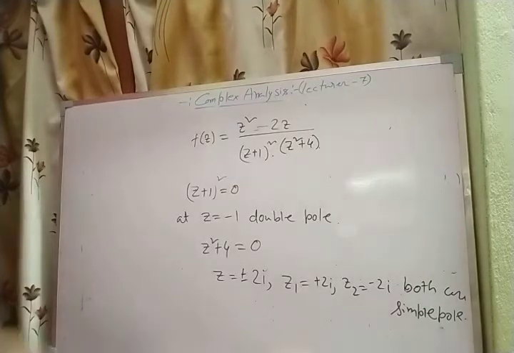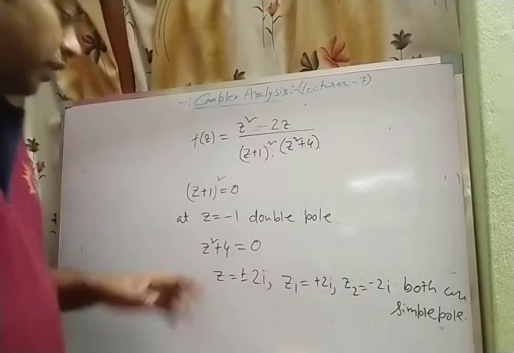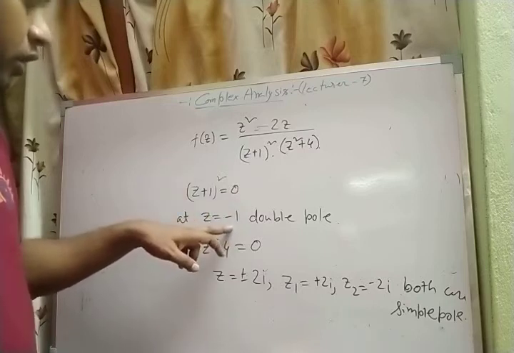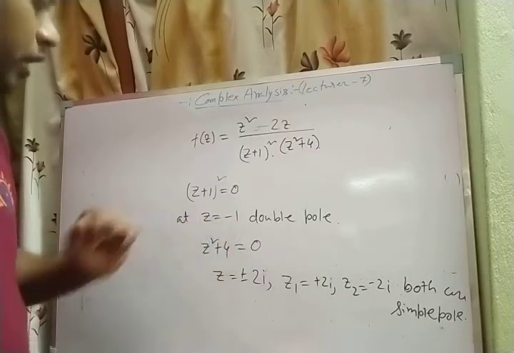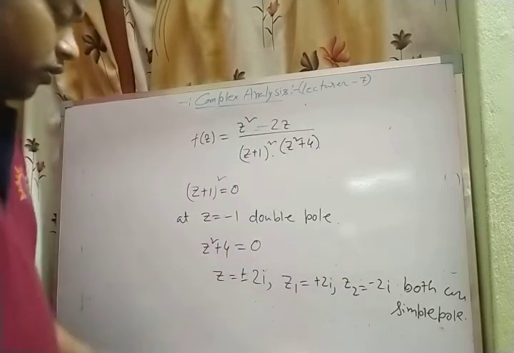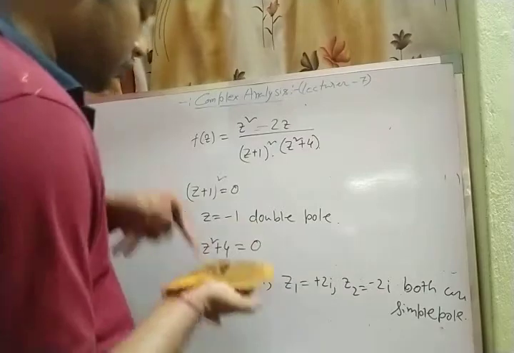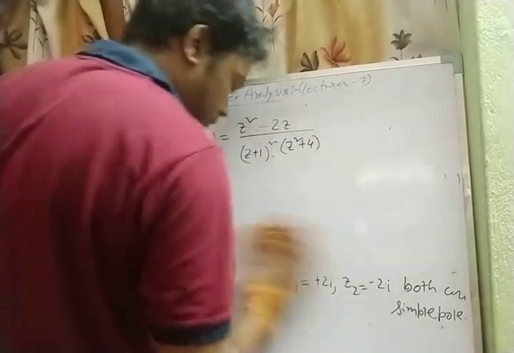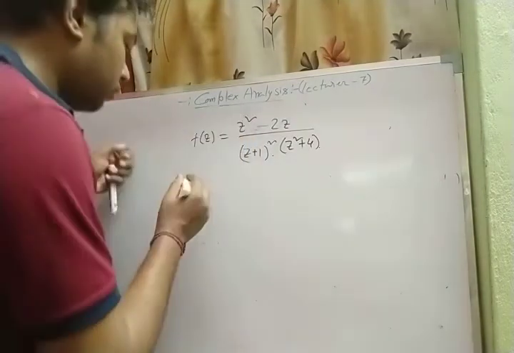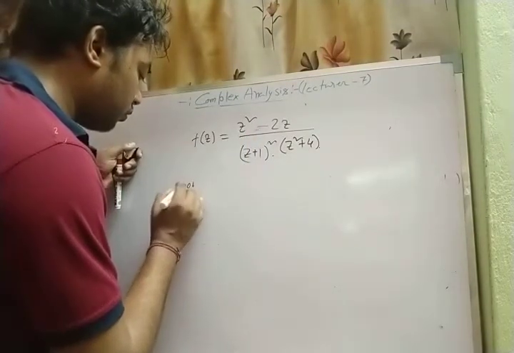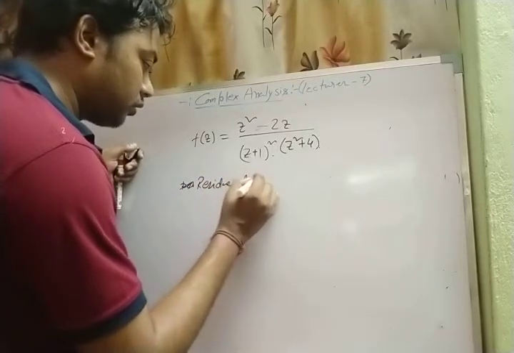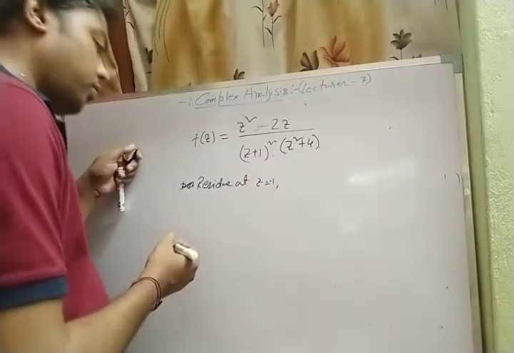Now we have to calculate the residue for the pole at z = −1 and for z = 2i and z = −2i. So by considering the formula we have written earlier, the residue at z = −1 will be like this.